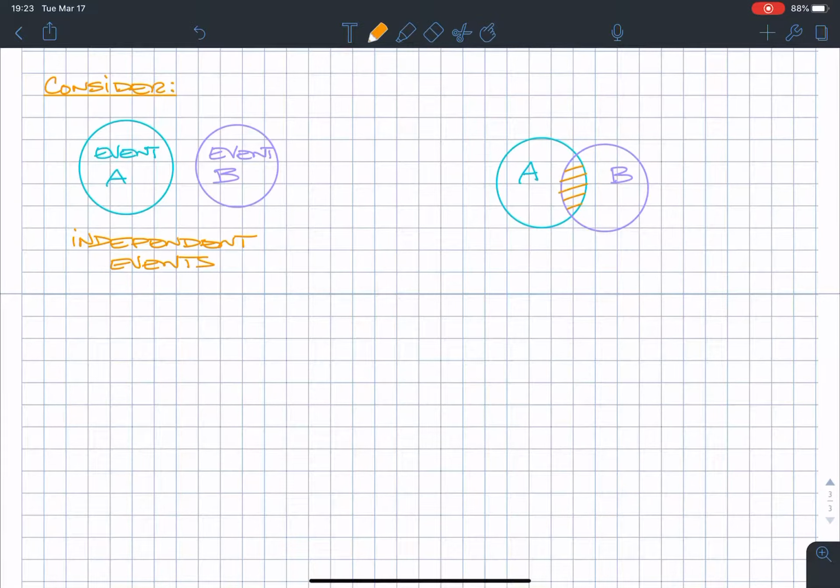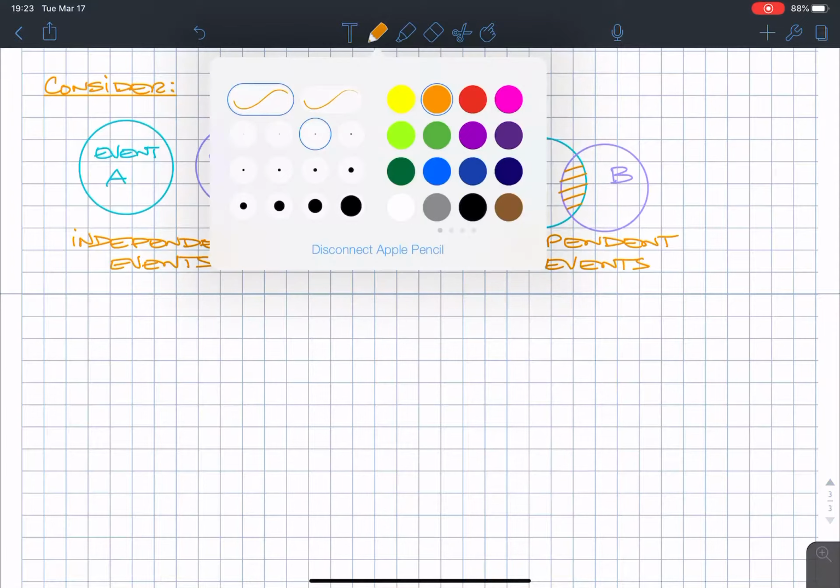So this is dependent events. For example, an ace of hearts. It's both a heart and an ace, so it overlaps. So theorem.